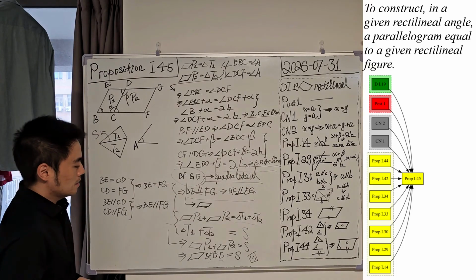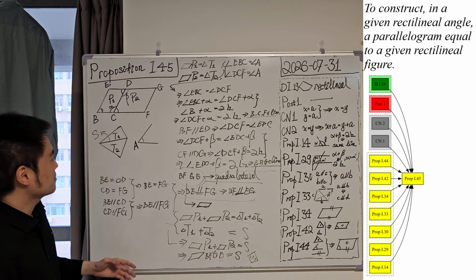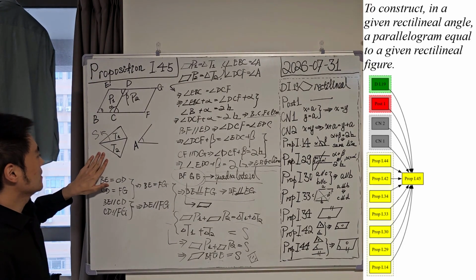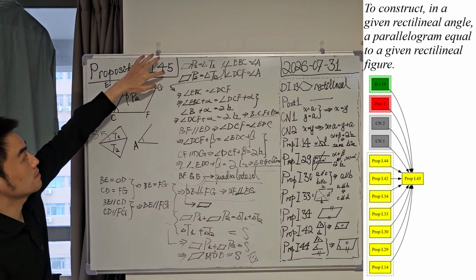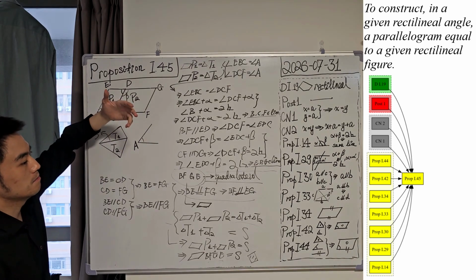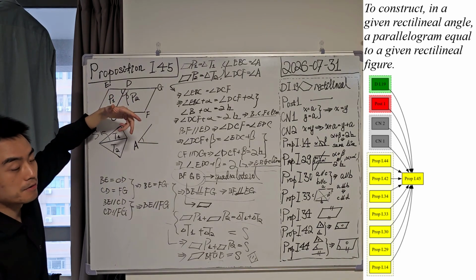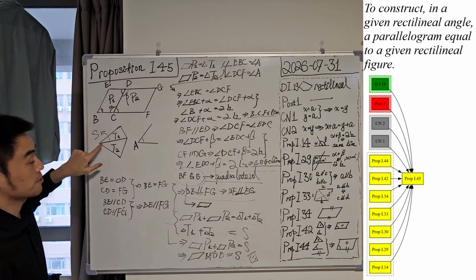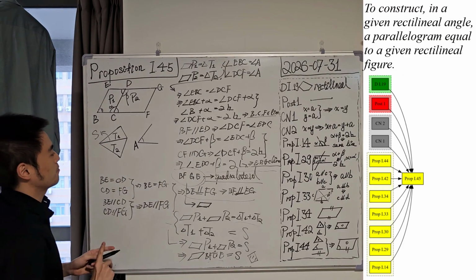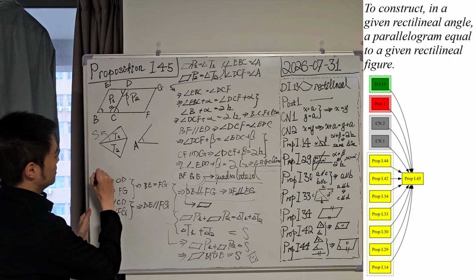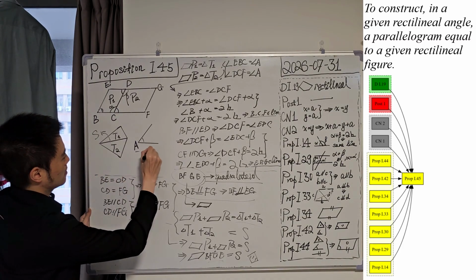Okay. So I would like to talk about this being a convenient or simplified situation because the proposition says that it is a multilateral figure rather than a quadrilateral figure. Okay. So let's say if it's multilateral, for example, let me write it here.